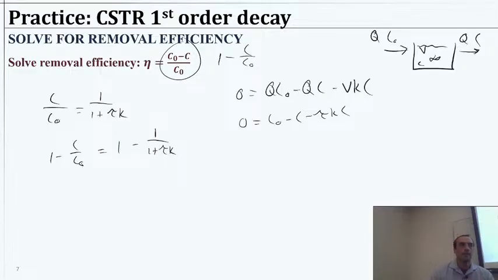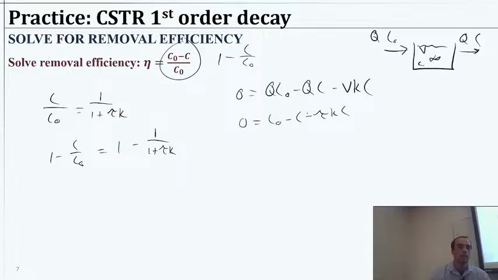I like that. If you see what he did, he just divided the top and the bottom here by c naught, or he divided this through, right? So this becomes 1 minus c over c naught. That sounds like a pretty straightforward way to do it.